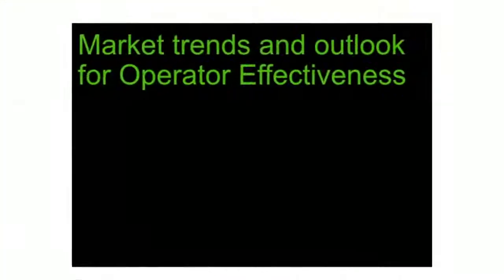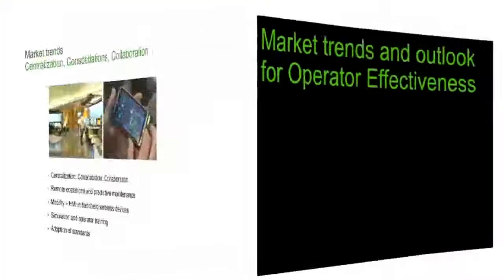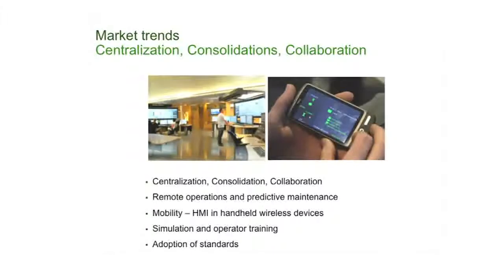So a little bit about market trends. We talked a lot about consolidation throughout the arena show and so on here. Centralization, consolidation, and collaboration are 3 words that you should pay attention to. Centralization means that instead of having spread out operators in each individual part of the plant, you put them more together.